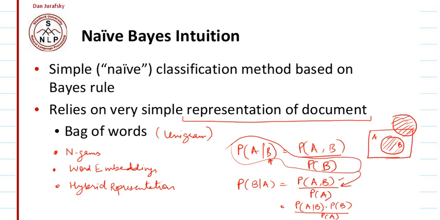So I get P of B given A as P of A given B dot P of B divided by P of A. So this is actually the Bayes rule. We will see this later in detail.